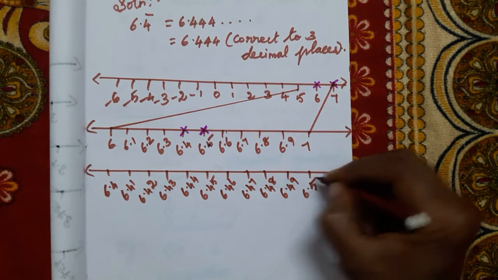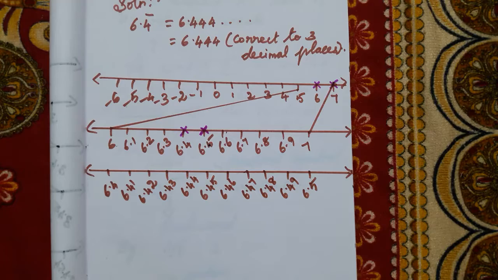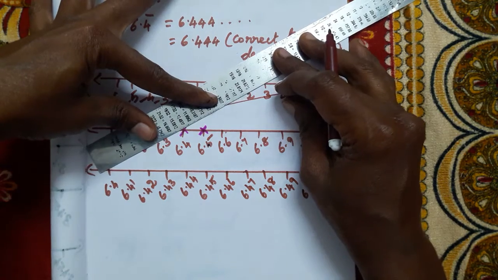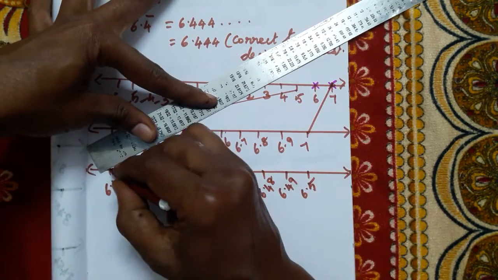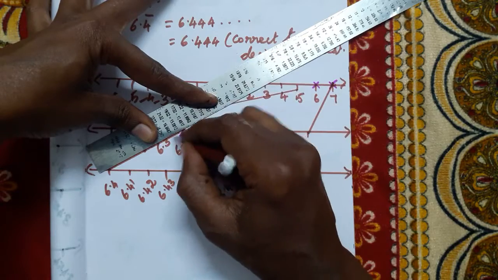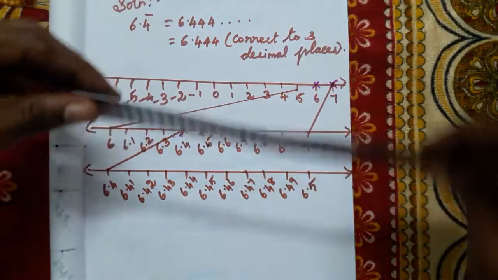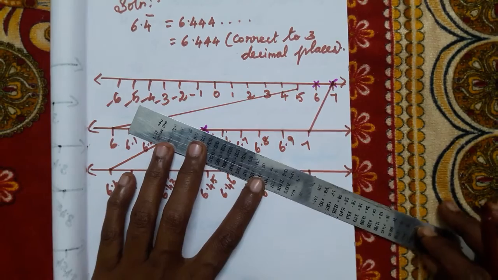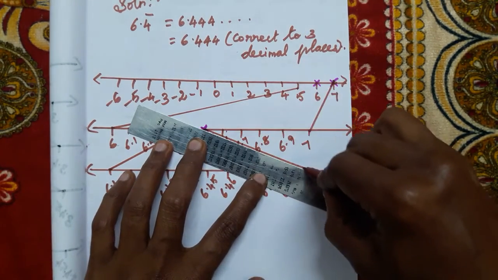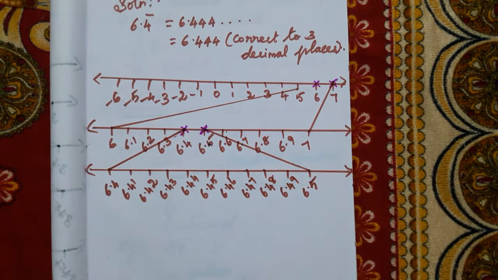Next step what we have to do? Join 6.4 to 6.4 and 6.5 to 6.5.